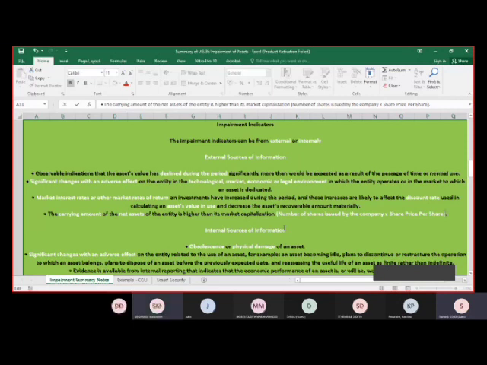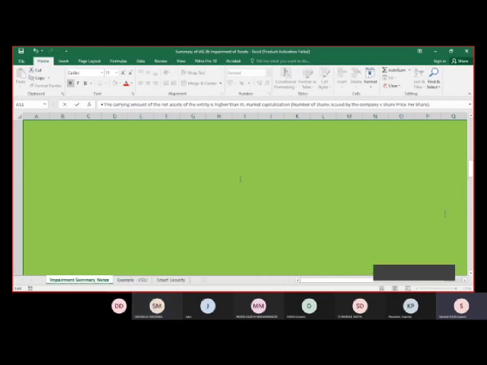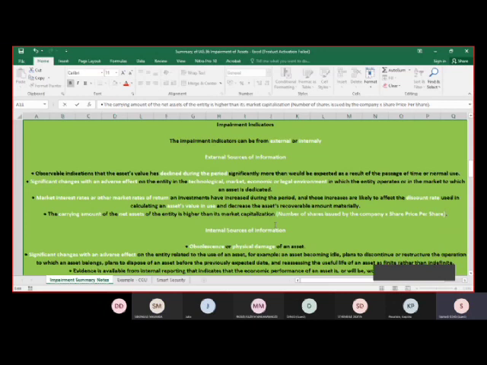Let's just go back. There are other factors. Remember, the external factors that I've listed here might impact the assessment of whether the asset is impaired or not. They are not limited to these. There are a lot of factors.